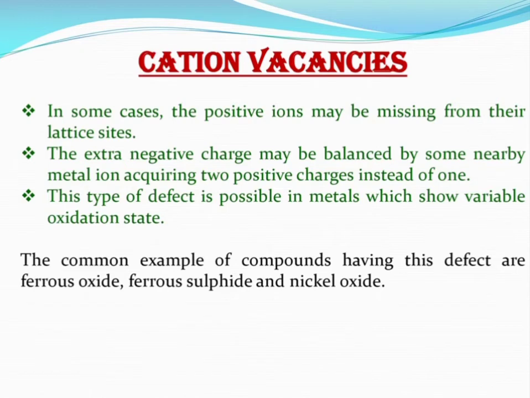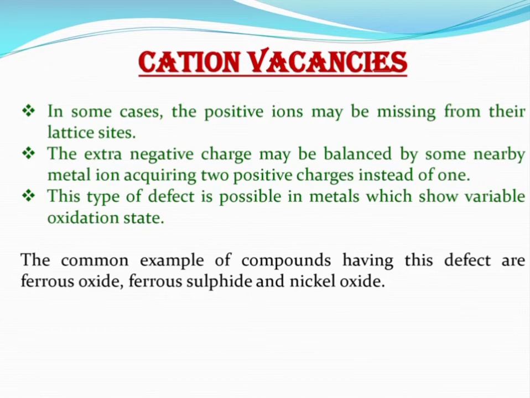Let us discuss cation vacancies. In some cases, the positive ions may be missing from their lattice sites. The extra negative charge may be balanced by some nearby metal ions acquiring two positive charges instead of one.